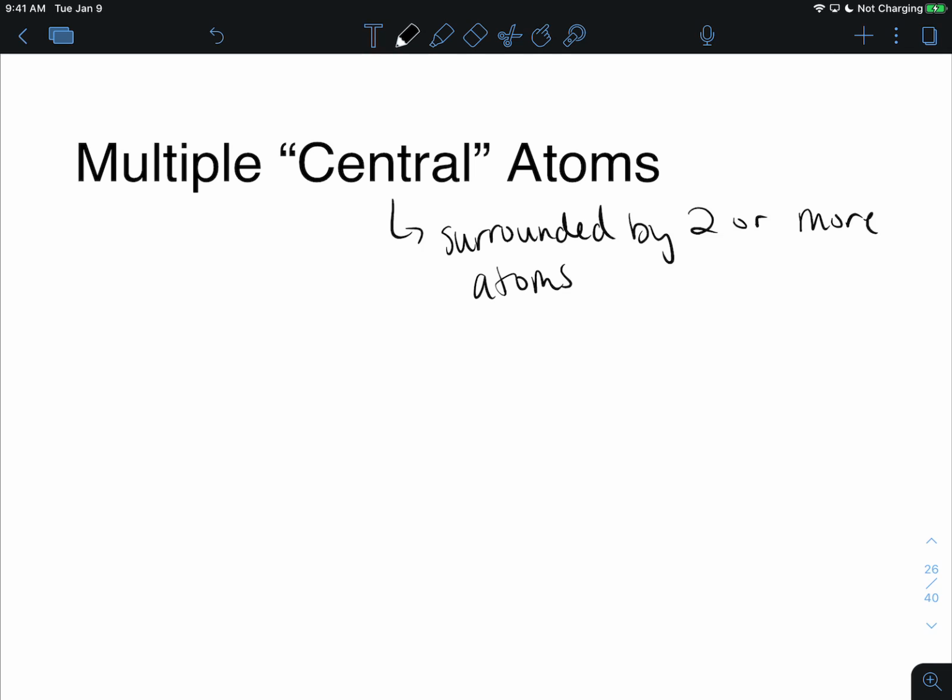And we're going to see this mostly with organic compounds. And with that, we almost always are going to max out at a tetrahedral geometry.